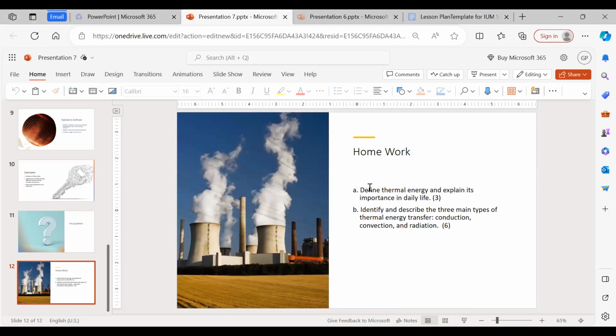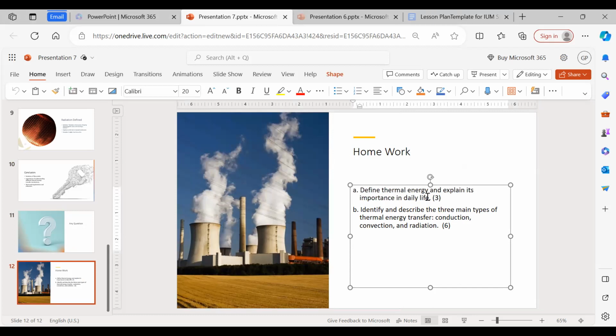And the notes, I will upload them on the LMS for easy accessibility and also in the WhatsApp group. So the homework is: define thermal energy and explain its importance in our daily life, identify and describe the three main types of thermal energy transfer, conduction, convection, and radiation, and explain them briefly. And it's individual work, okay?